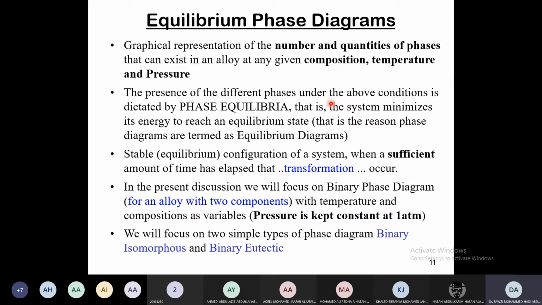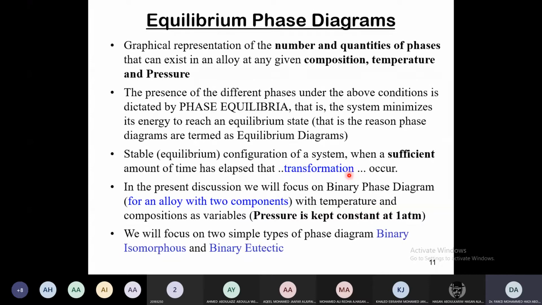But if you don't give it enough time, if you cool down, for example, fast, what is going to happen? The material will not be able to transform. The transformation will not be complete. The material does not have enough time because you are going faster than the diffusion process. The atoms cannot move faster.